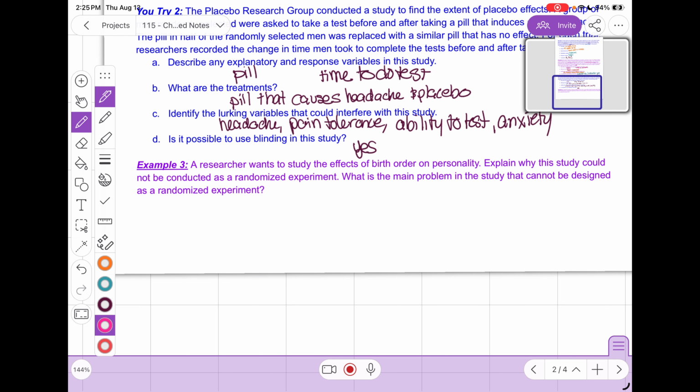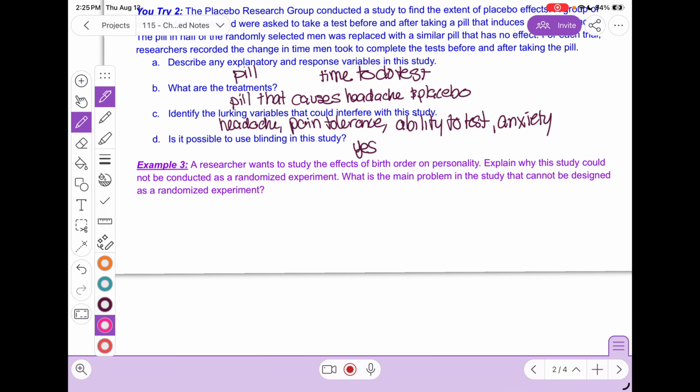All right. A researcher wants to study the effects of birth order on personality. Explain why this study could not be conducted as a randomized experiment. So birth order is like whether you're born first, last, middle child. You can't randomize that. Like when you're going to a group of people, like the oldest is always the oldest.